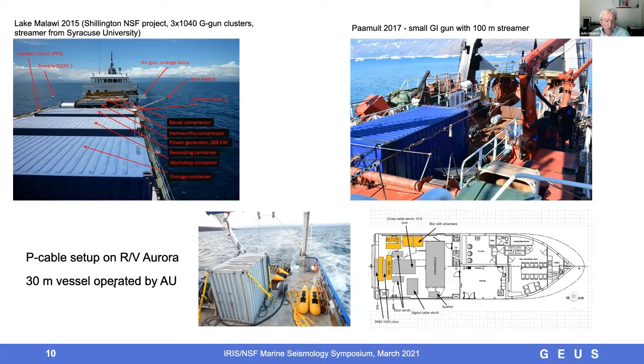And then this is the P-Cable setup. This is a smaller system. This is how it's installed on a small 30-meter vessel that the University of Aarhus operates. This just shows the cross cable winch container. There's a compressor behind here that you don't see. And then the paravanes and everything can be deployed from the A-frame off the back of the ship.